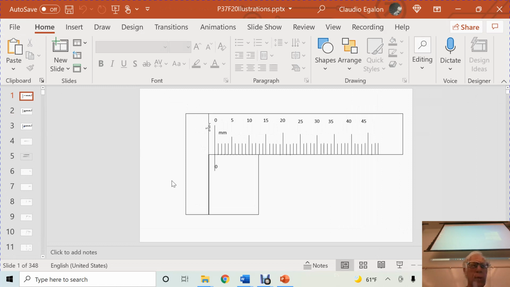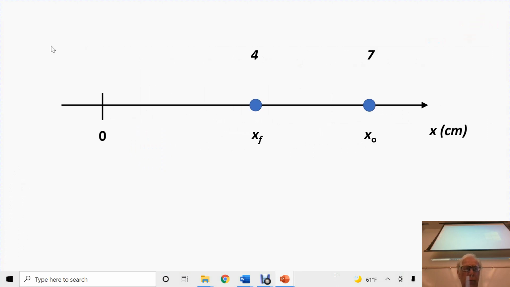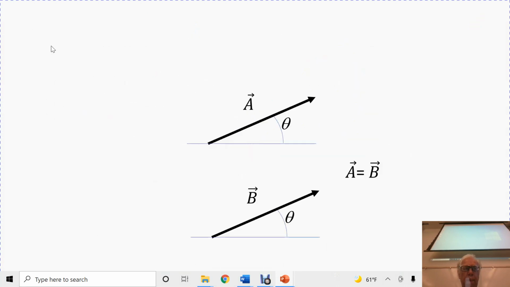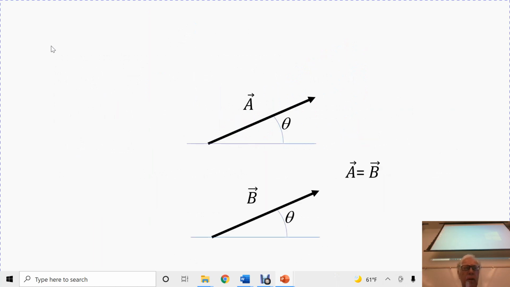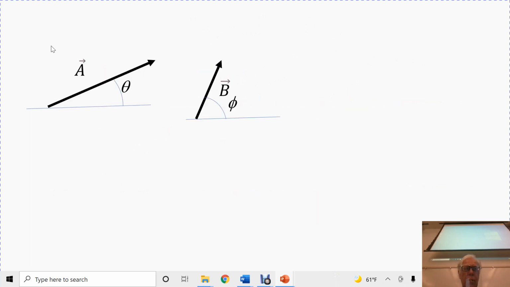So let's go to the page. Slides show from the beginning. Okay, let's go one by one. That's going to be the experiment that we're going to do today and Thursday. That's the vectors.